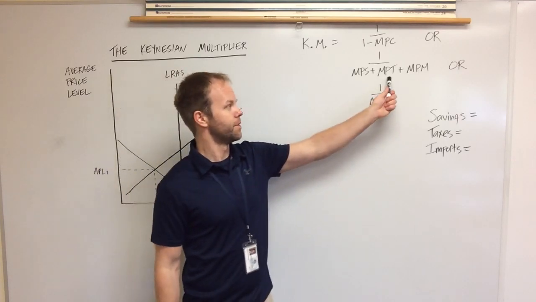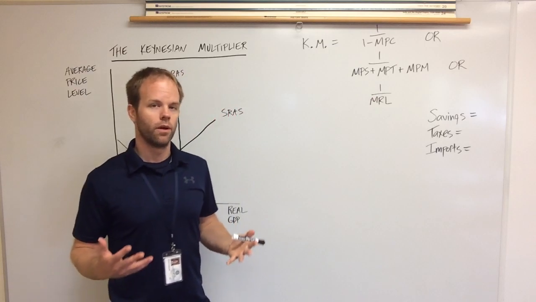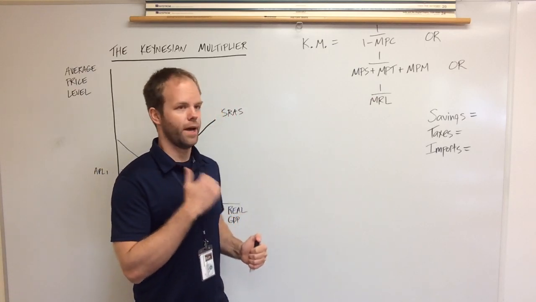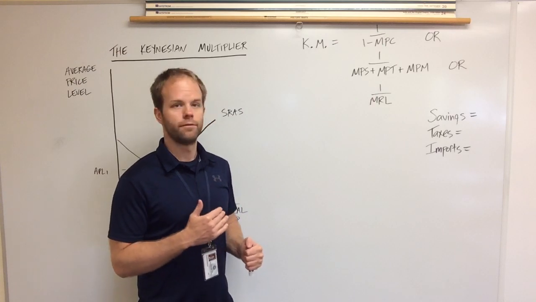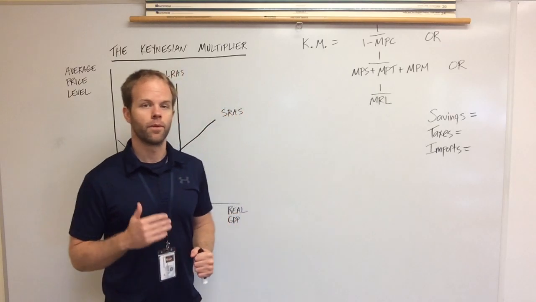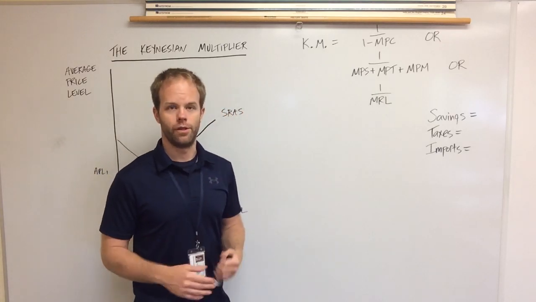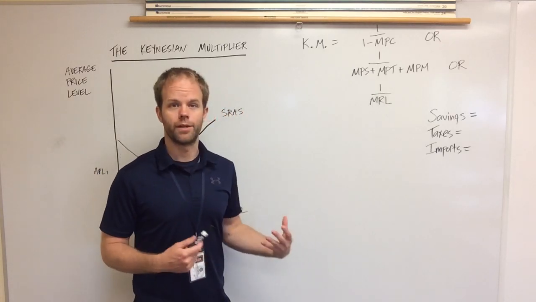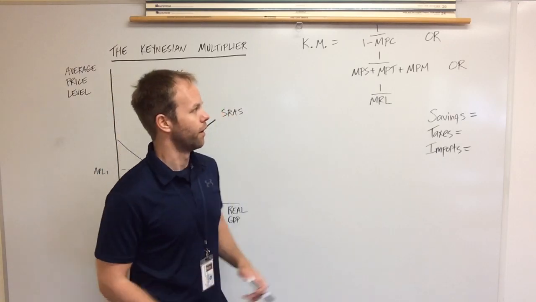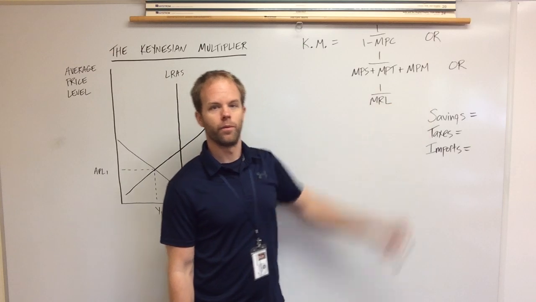The marginal propensity for taxes, in other words, is a nation's average tax rate. If you added up all of the taxes that the government collects in 1 year and divided that by the GDP, you'd get the percentage of the GDP that the government taxes, or the average tax rate. And then the MPM, you might be wondering what that is.